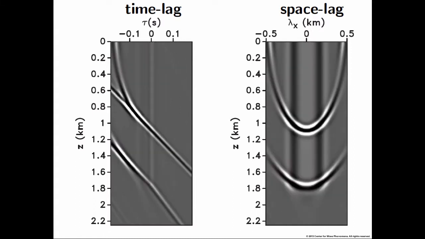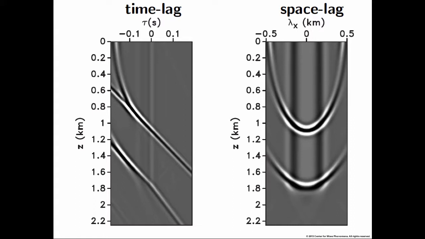And for positive velocity anomalies, the space lag gather is now overcorrected, and you can see that the RTM backscattering has a strong presence away from lambda x, and the time lag gather has some backscatter energy at negative taus.